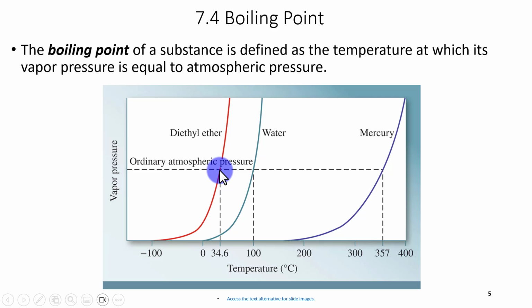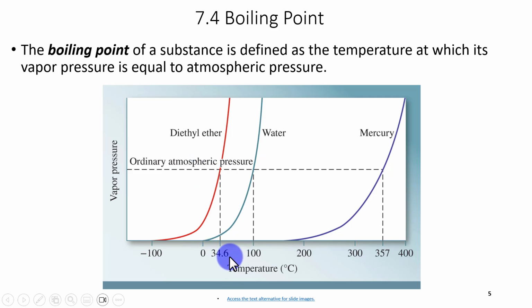When the vapor pressure becomes equal to the atmospheric pressure, so outside we have pressure from the air around us, that's what atmospheric pressure is. When the vapor pressure of diethyl ether becomes equal to the atmospheric pressure, right at this point here, if I draw a line to figure out what the temperature is, that is 34.6 for diethyl ether.